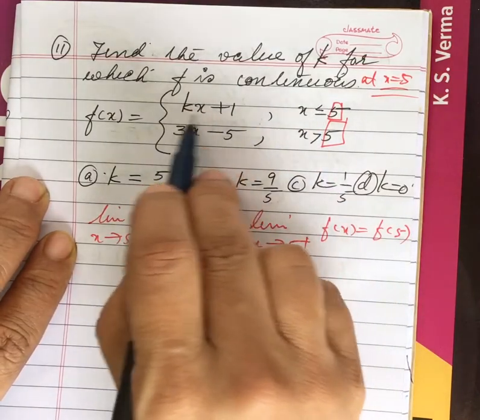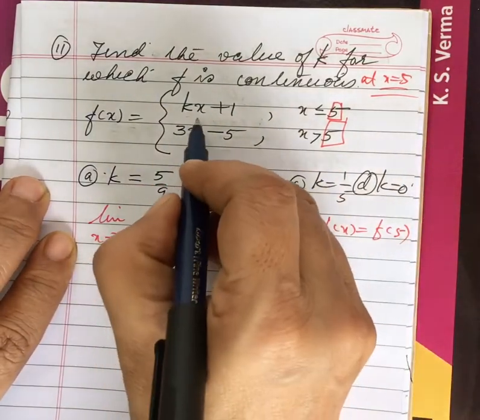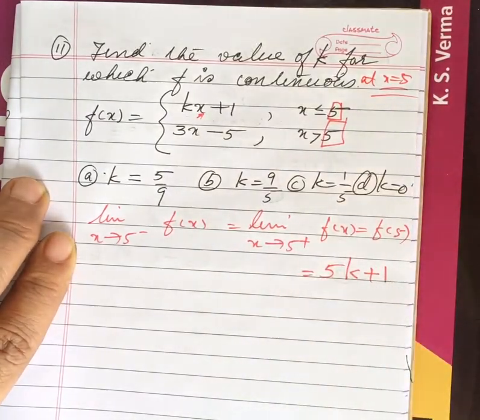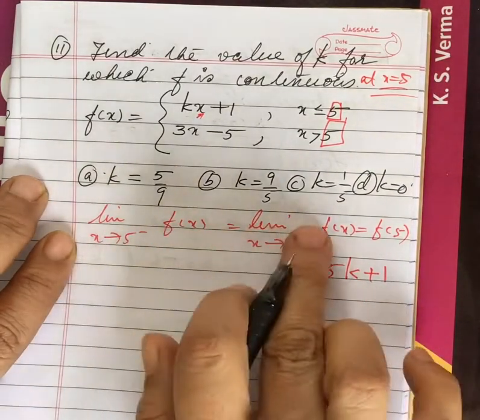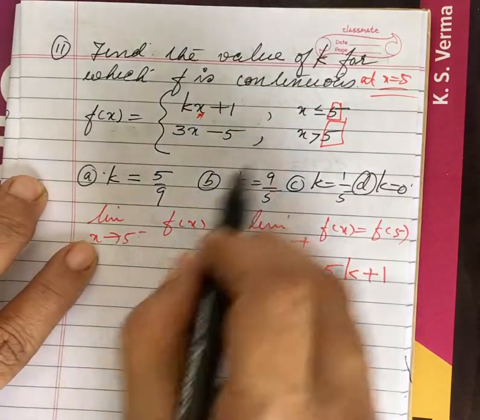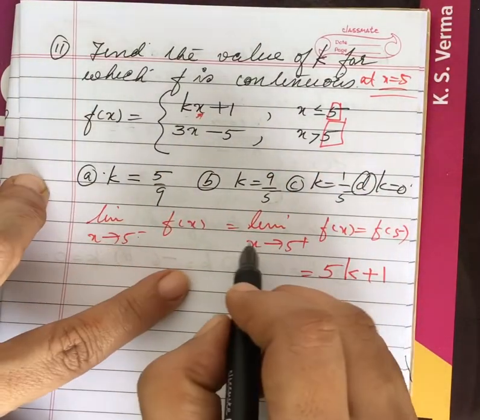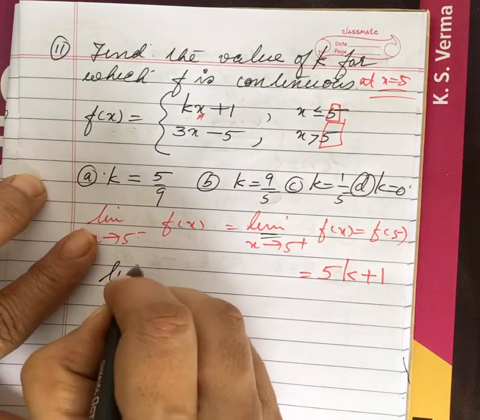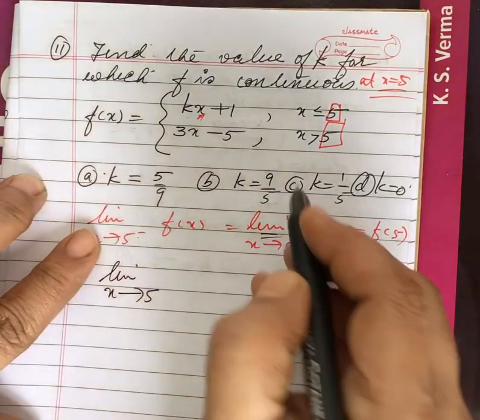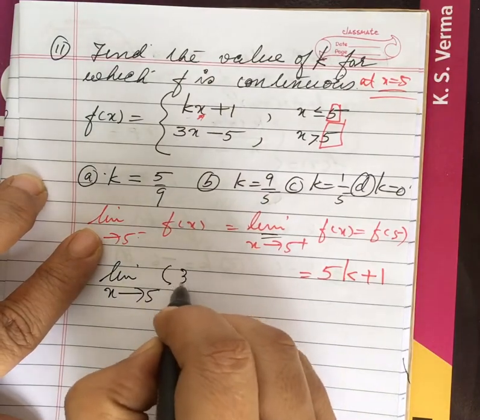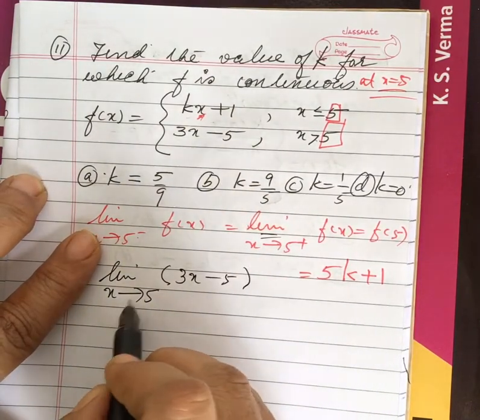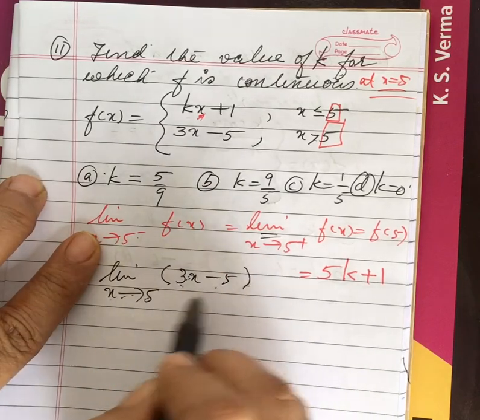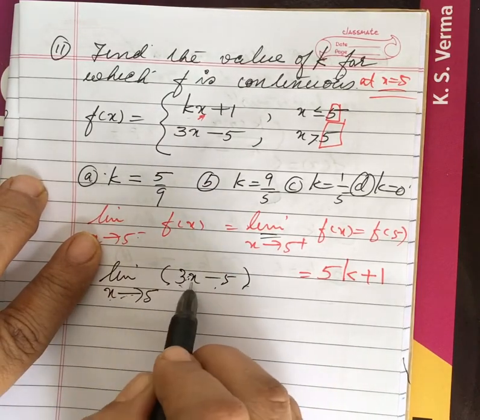So this function value you have to consider, and there you put x equal to 5, you will get 5k plus 1. Now one of this you will consider, that is 5 minus will not consider because the same thing will come. So the limit x tends to 5 plus is 3x minus 5, and it's a polynomial, so the limiting value will be by putting x equal to 5.